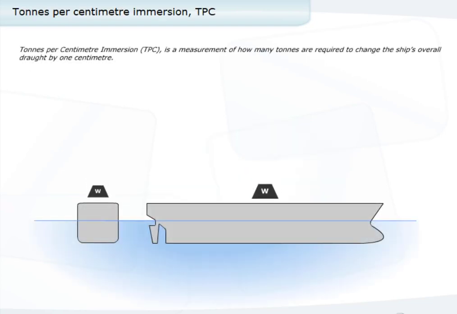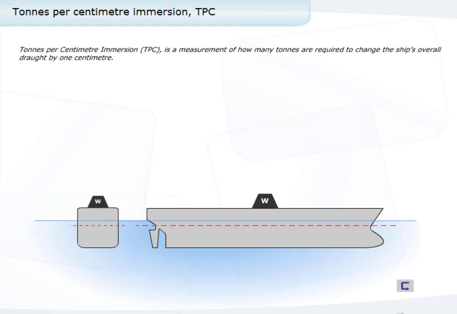Tons per centimetre immersion, TPC, is a measurement of how many tons are required to change the ship's overall draft by 1 centimetre. The value of the TPC normally varies with different drafts and possibly different trim and list conditions. If you consider the fundamental theory of Archimedes' principle, TPC will be dependent on the waterplane area and the density of the water, since the additional weight loaded must equate to the additional weight of water displaced, volume times density.